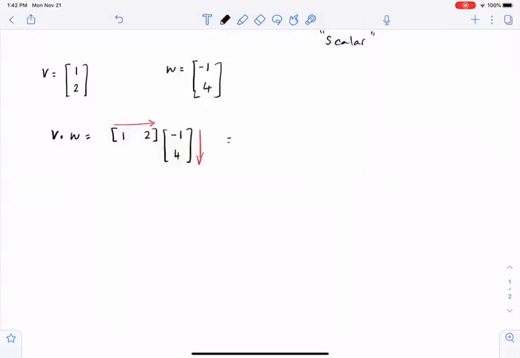As you go along, you just multiply. So 1 times negative 1 plus 2 times 4: minus 1 plus 8, you get 7. And as I mentioned earlier, the result will be a number, in other words, a scalar. It is not going to have a direction.